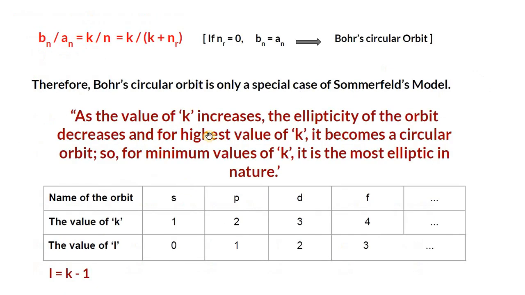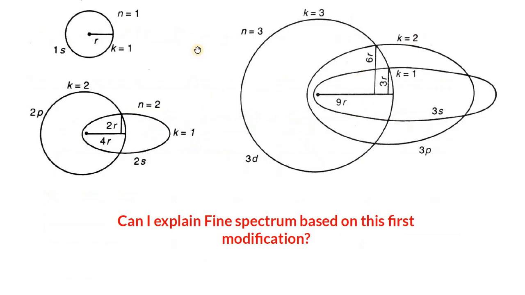When n equals k, An will be equal to Bn, that means Bohr circular orbit. That is why we draw the 1s orbital like a circle. When k equals 1 and n equals 1, k is equal to n, and the orbit, or orbital, will be circular.